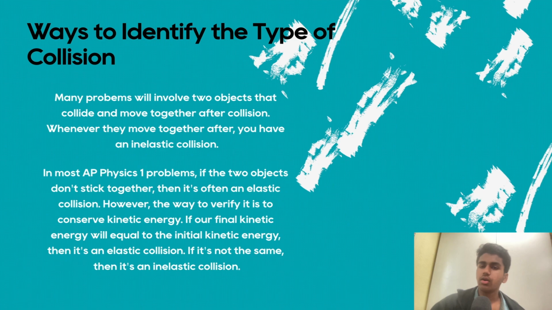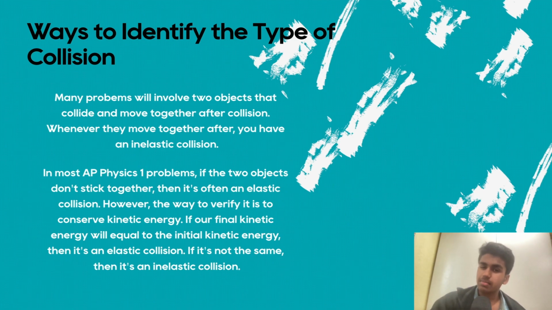And remember, for inelastic collisions, since both objects move together after collision, when we're writing the conservation of momentum equation, we can use the same variable to represent the final velocity. That's very important.